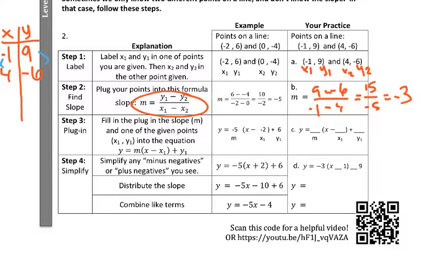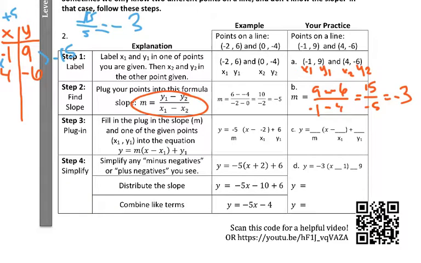The reason why I have them do that is they're so used to doing that because we've been doing it all year. So to go from 9 to -6 is we would subtract 15. And to go from -1 to 4, we would, I'll write it up here, add 5. Then our slope is going to be our change of y, -15, divided by 5, which is also -3. It's the same thing that we got before.